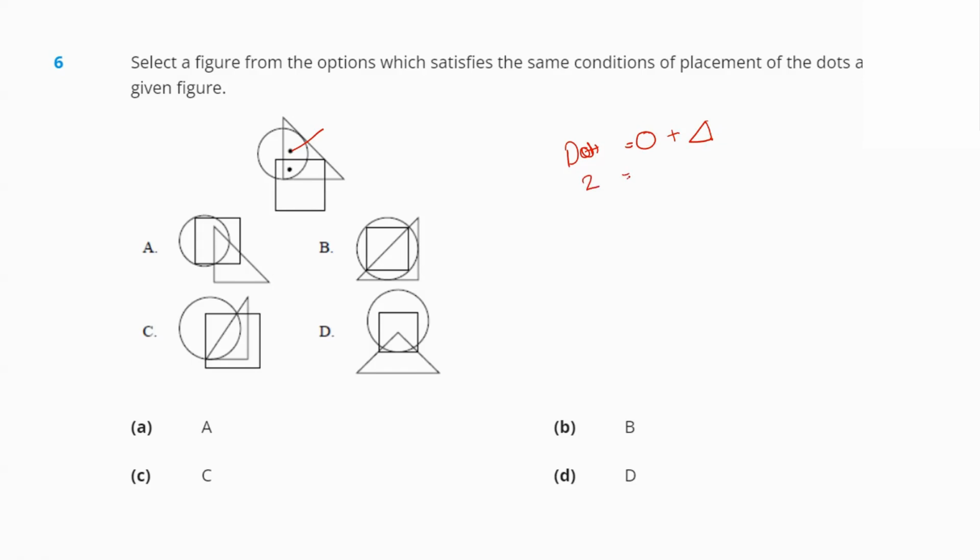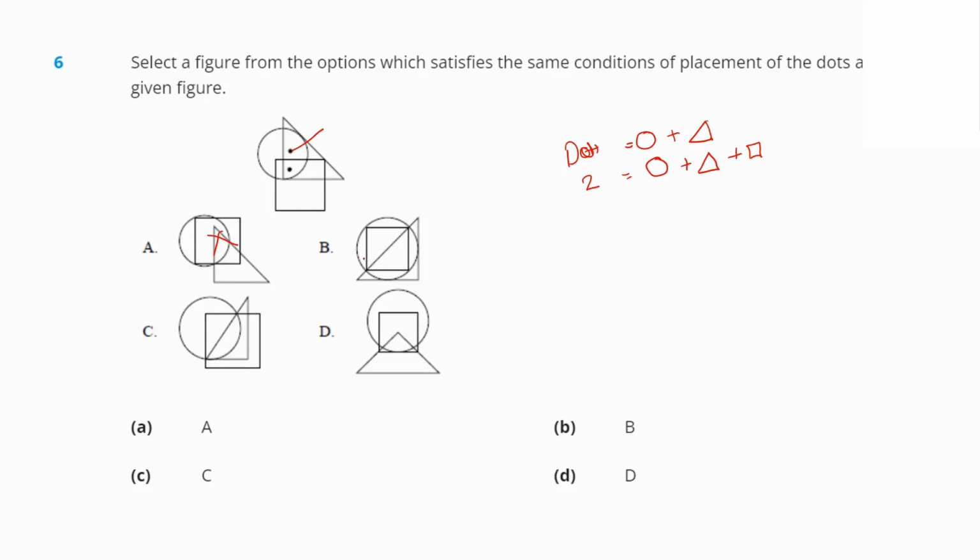And dot number 2 covers circle plus triangle plus square. So do you see any place where you can find that there is only circle and triangle? I guess no. So this option will be wrong.